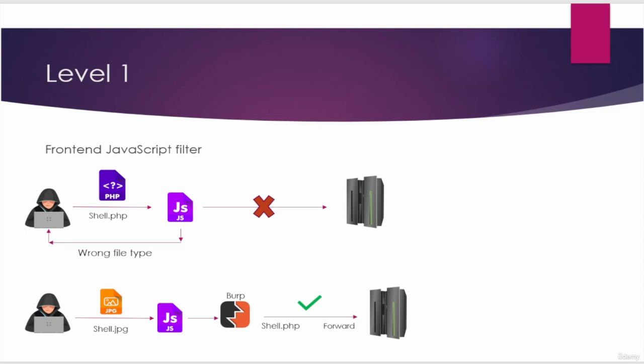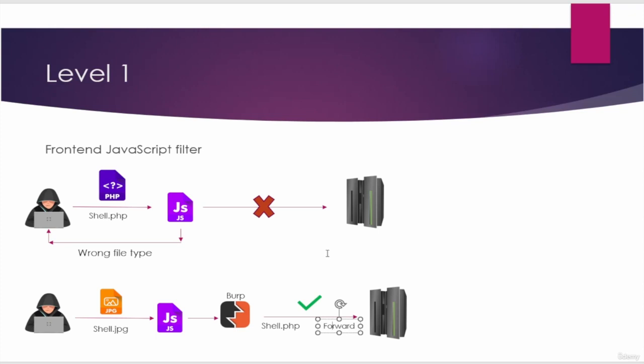What we are going to do is rename the PHP file as shell.jpg. The contents are going to be the same. Upload it, so the front-end JavaScript, which the browser uses to restrict us, will be bypassed. We are going to send that request to Burp, rename the file shell.jpg as shell.php, and then forward the request to the web server. I hope it's clear.